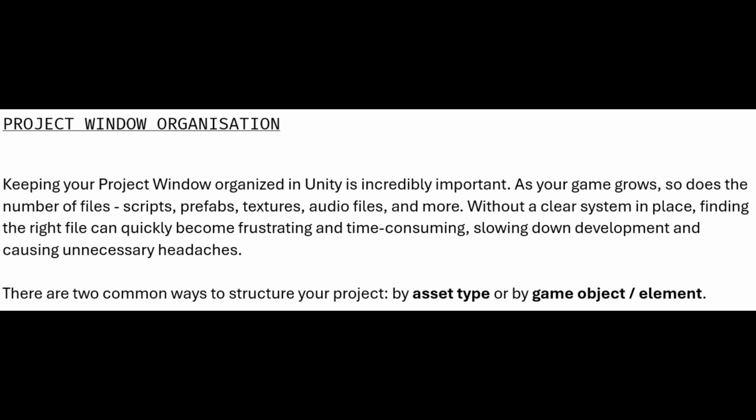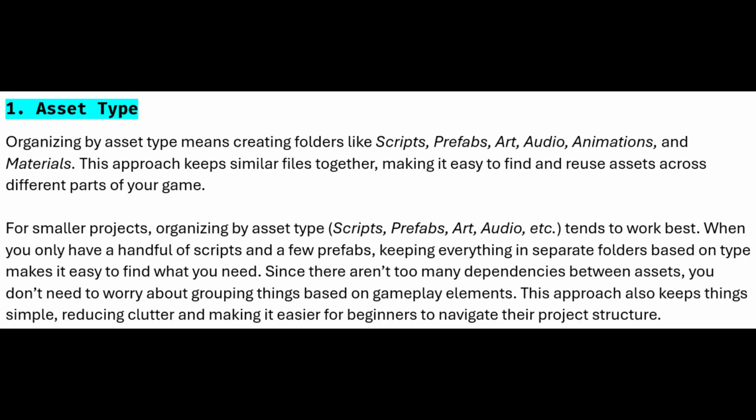There are 2 common ways to structure your project, by asset type or by game object or element. Organizing by asset type means creating folders like scripts, prefabs, art, audio, animations, and materials.